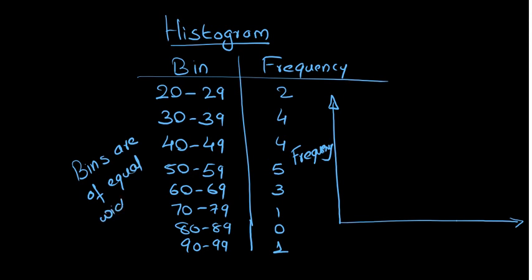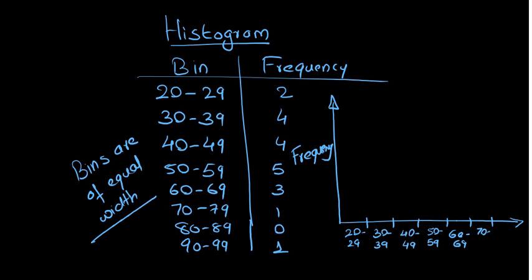In histograms, typically this is one condition which we follow: the bins are of equal width. So in this case it's 20 to 29, 30 to 39, 40 to 49, 50 to 59, 60 to 69, 70 to 79, 80 to 89, and 90 to 99.